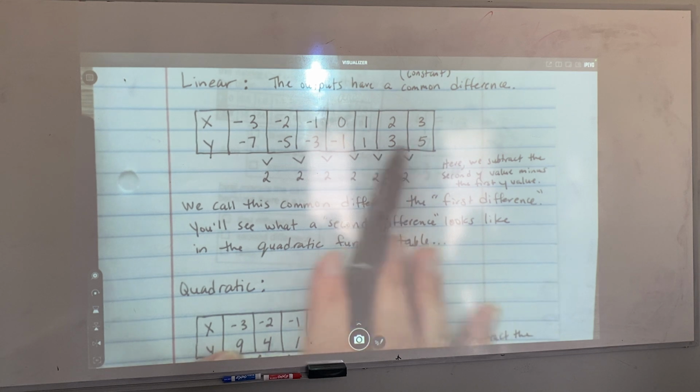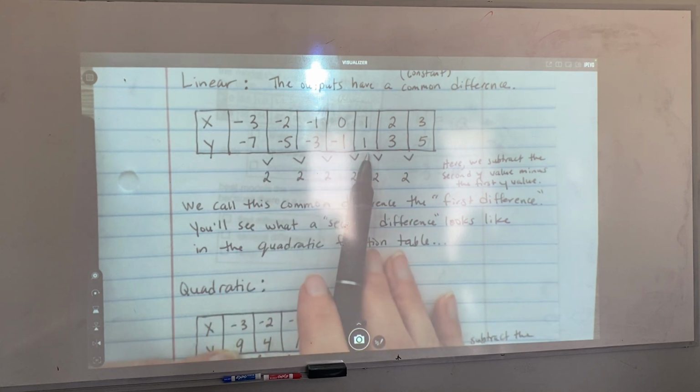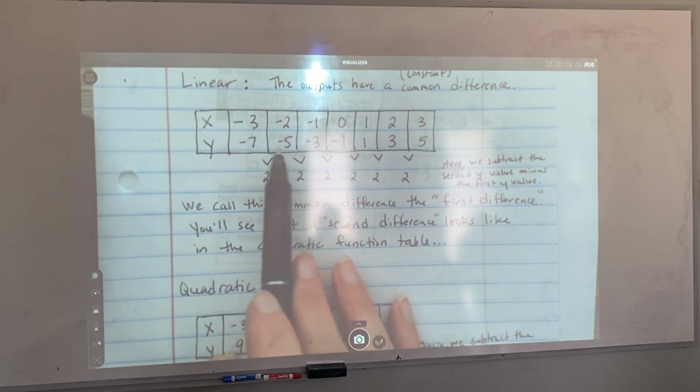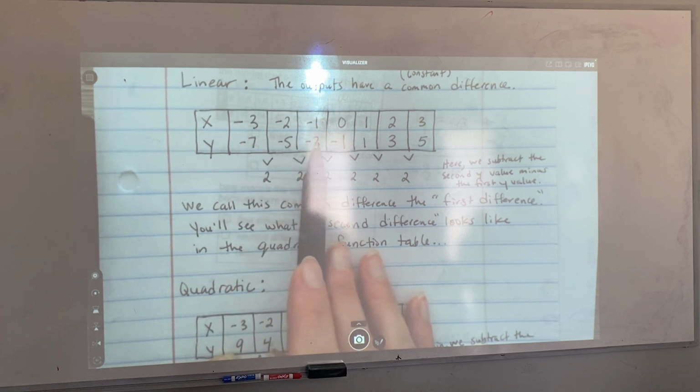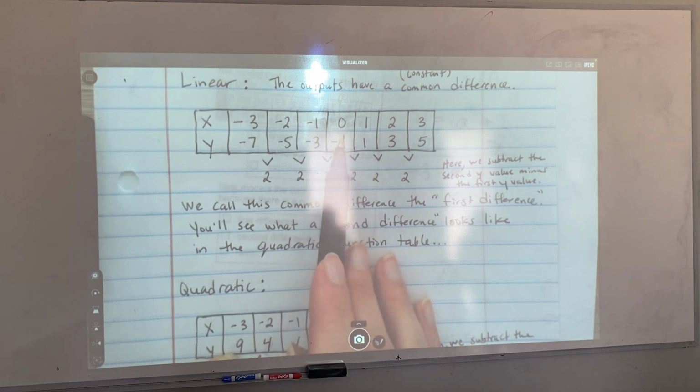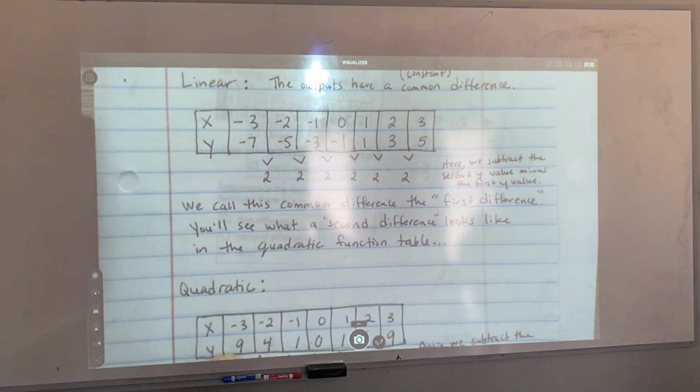The thing that I want you to notice about these values is that the difference between each output value is 2. We call that a constant difference or a common difference. Constant and common meaning the same thing here.